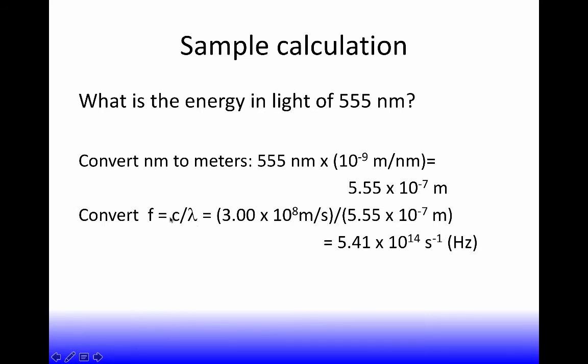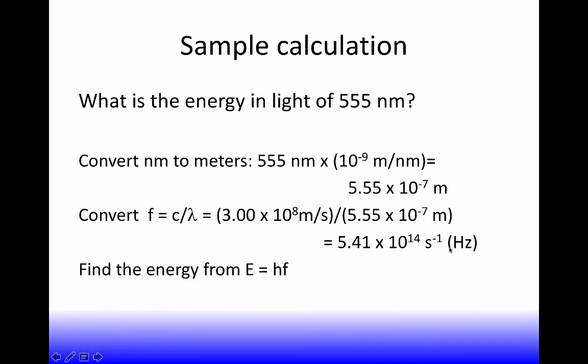And so by taking the speed of light and dividing it by the wavelength, which we have here, we come up with frequency. Now, do you notice it says s to the minus 1? S here is seconds, m is meters. So s to the minus 1 simply means 1 over seconds. In physics, you abbreviate that as hertz. A hertz is 1 per second.